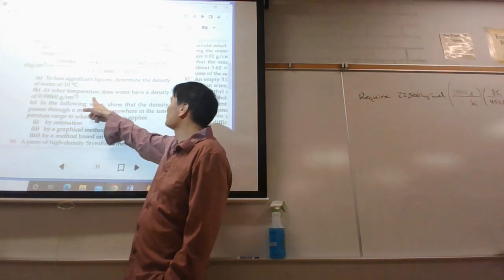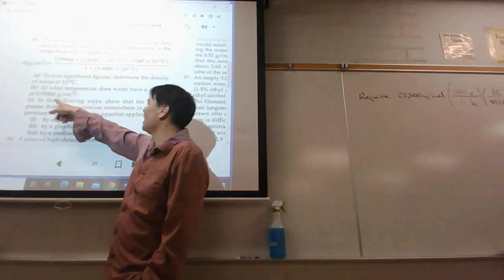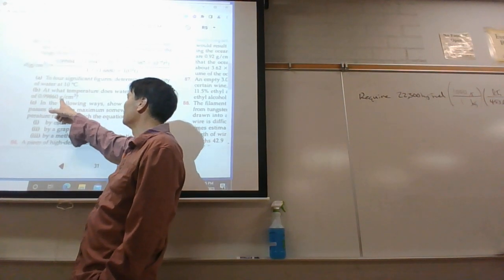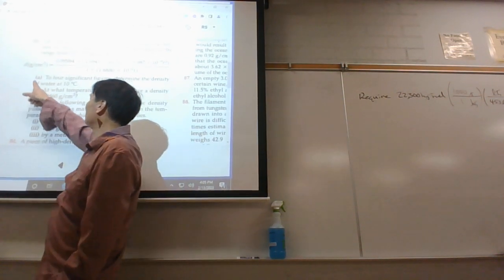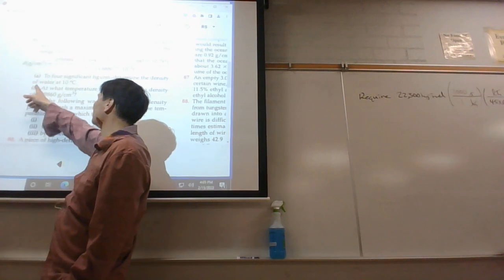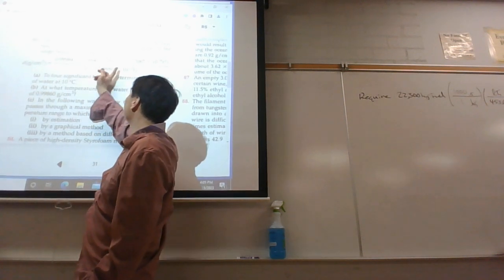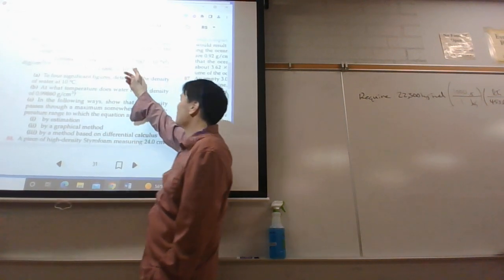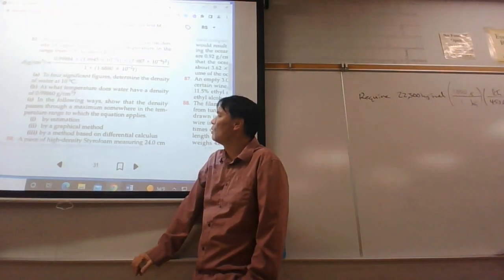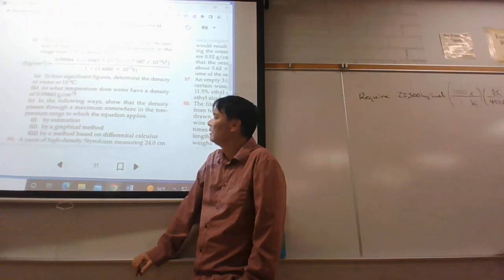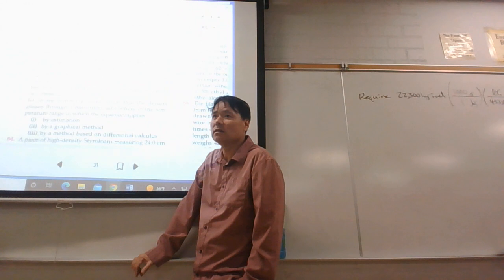B, at what temperature does water have a density of 0.99860 grams per cubic centimeter? So here we plug in 0.99860 grams per cubic centimeter, and then we solve for T. If we solve for T, then we have to use what formula to get T?